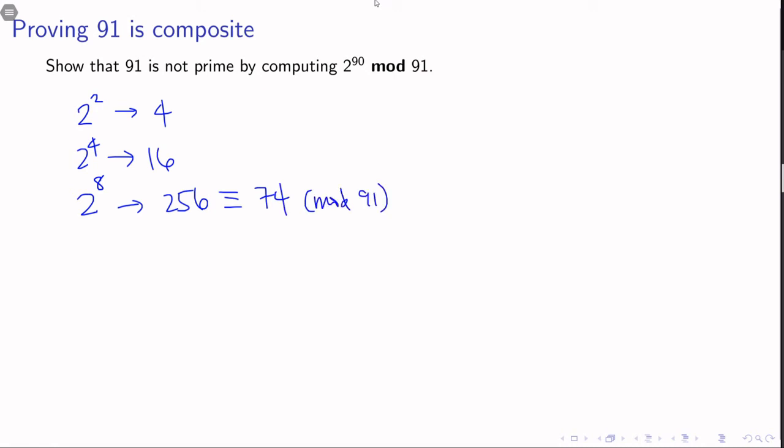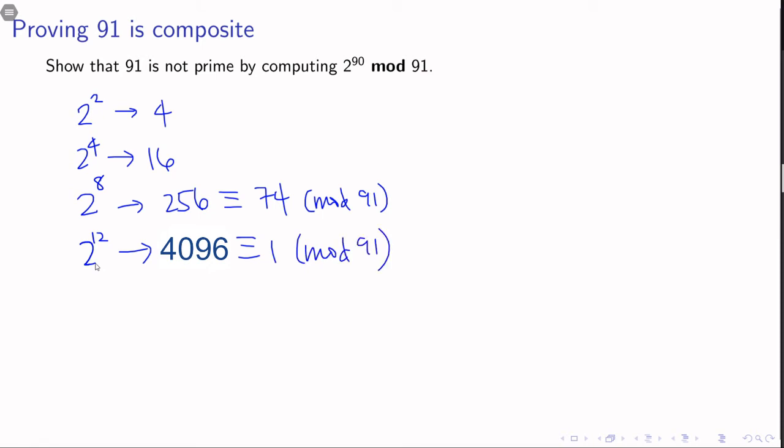And you basically just have to keep going here until you notice some pattern. In fact, if you keep going to 2 to the 12th power, if you multiply 2 to the 8th and then multiply 4 more copies of 2, you will actually get something that is congruent to just 1 modulo 91.